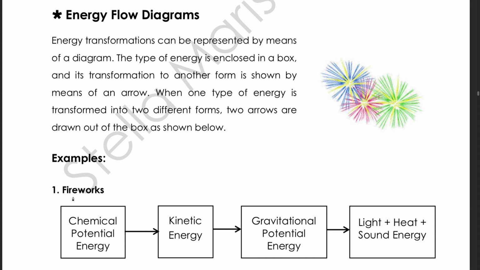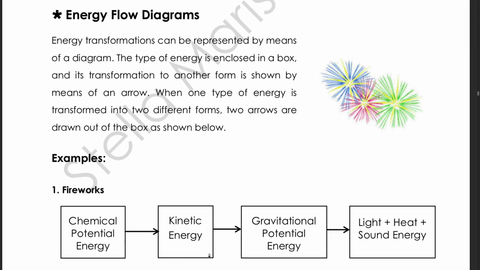So when a firework is built, it is built using a lot of chemicals that eventually burn up or explode. Whenever something burns, we said that that would be chemical energy. As the firework is lit, it will shoot upwards into the sky. So as it is moving, that chemical energy has changed into kinetic energy.